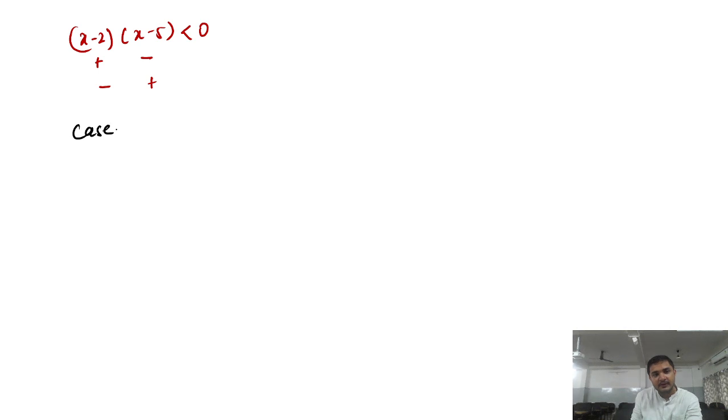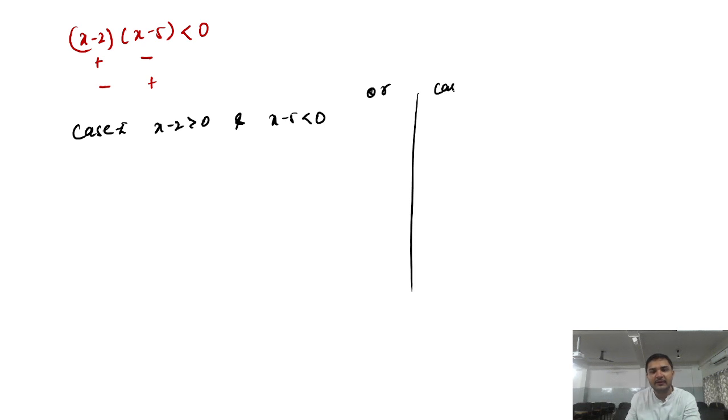Case 1: x minus 2 positive and x minus 5 negative, or case 2: x minus 2 negative and x minus 5 positive. So that the product will be negative ultimately, right? Less than 0 means negative.